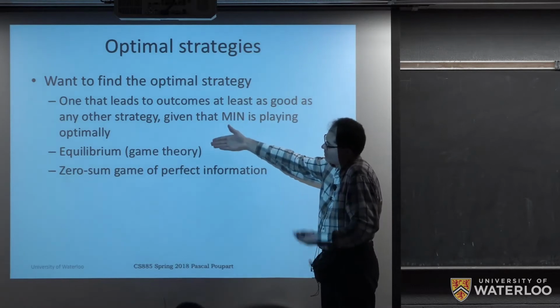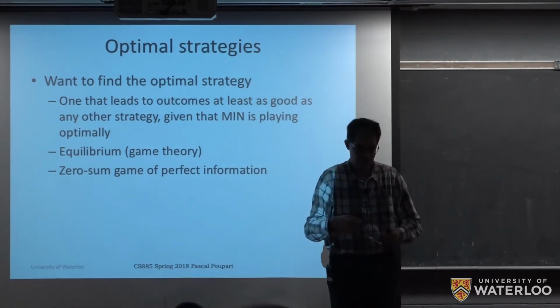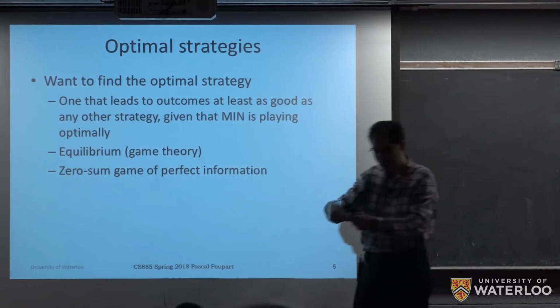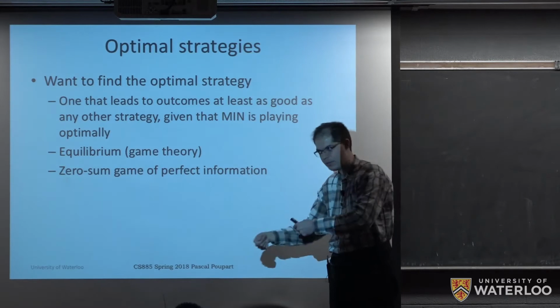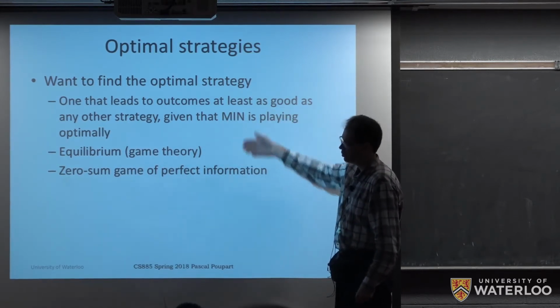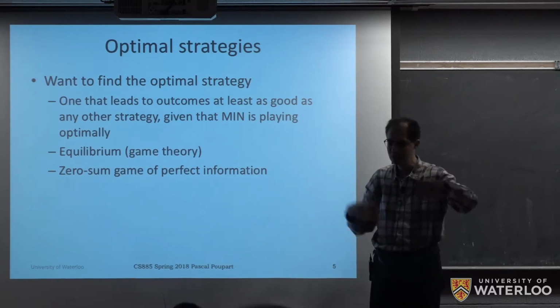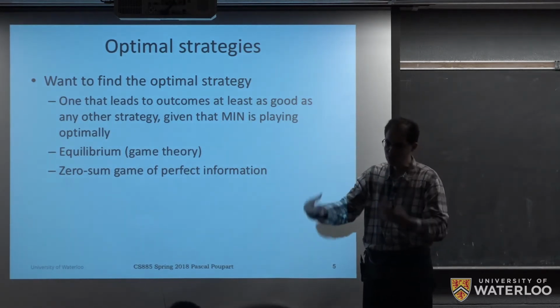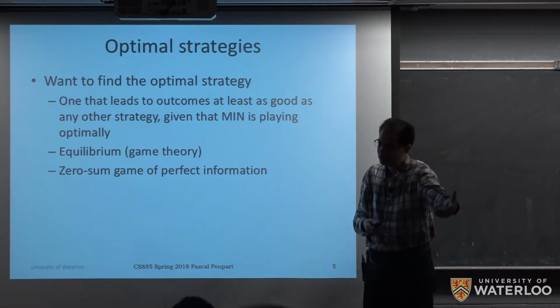And that suggests that at the end we've got some sort of equilibrium. One strategy is optimal with respect to another one if the other one is also optimal with respect to the first one. In game theory, there's often this notion of best response, where when there's an opponent, you select your moves in a way that would be best given what the other player is going to play.